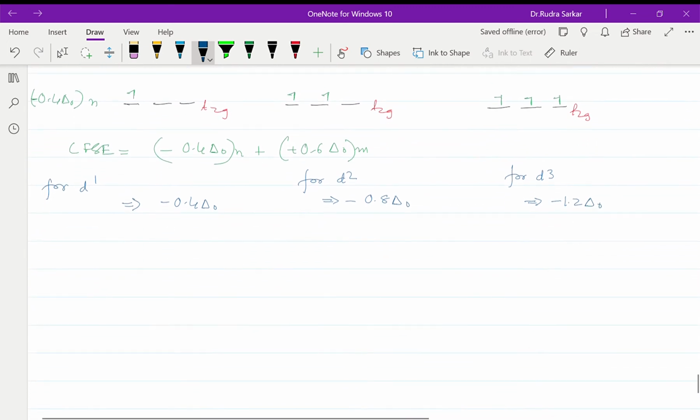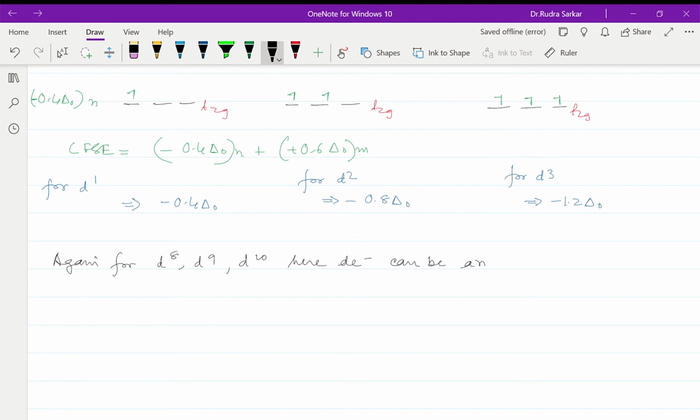Again, for D8, D9 and D10 system, here electrons can be arranged in one way only.